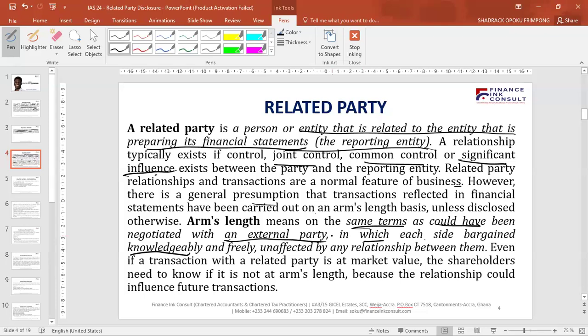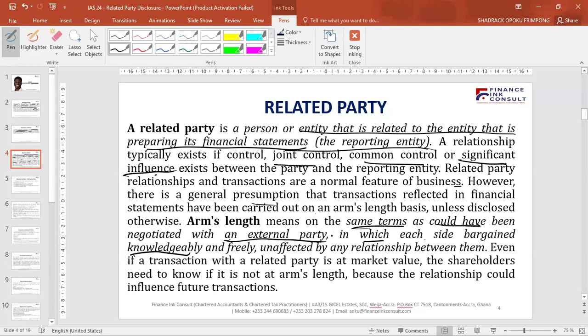Unless you disclose that, okay, I gave a discount. So we have a discount of X amount, or there was an arrangement between party A and my company, and during the arrangement, this is what we decided to do.